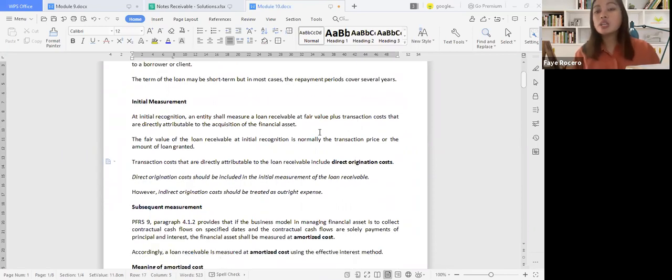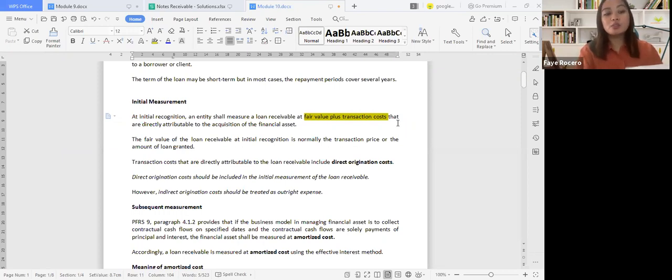So in financial accounting, how do we measure a loan receivable? Initially, we record or recognize it at fair value plus transaction costs. Kindly take note. Transaction costs that are directly attributable to the acquisition of the financial asset.